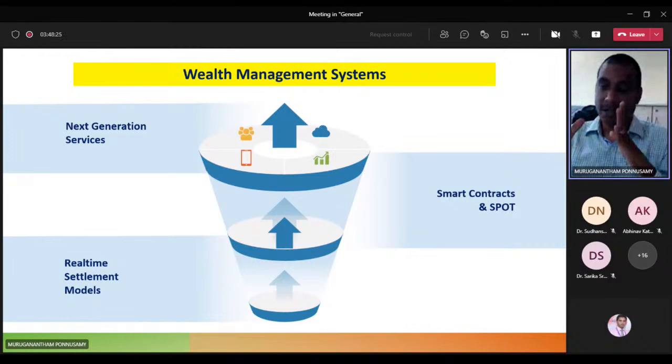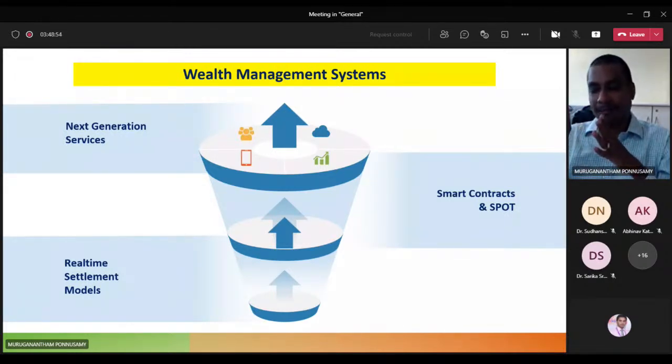When you talk about smart contracts, here I mentioned the term SPOT, single point of truth. We used to say single point of contact, right? The data privacy protection, risk and financial history, including KYC, know your client, and investment profile propositions would become less costly and much simpler, only possible by this smart contract and SPOT.